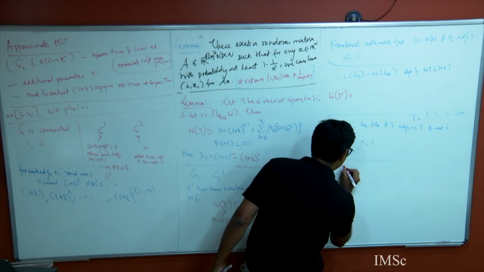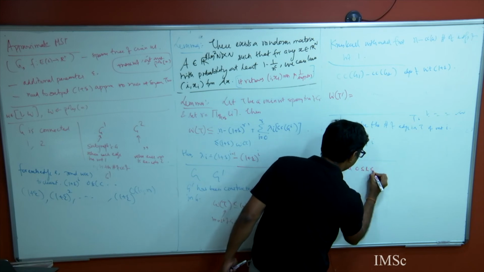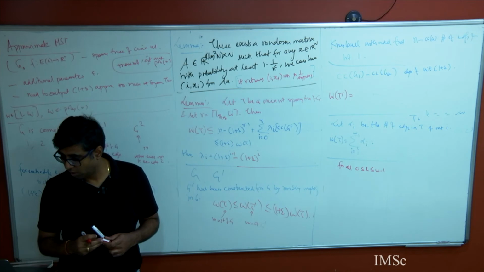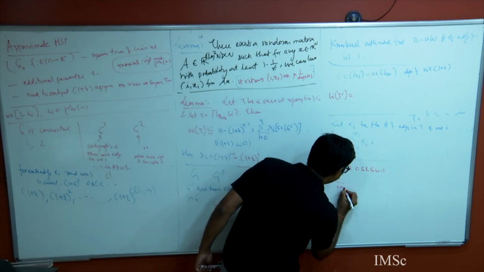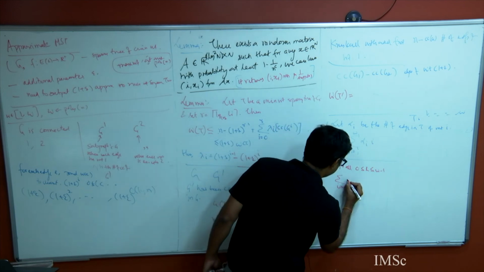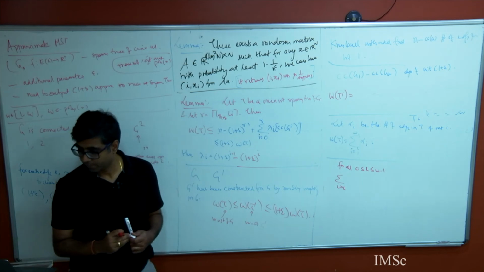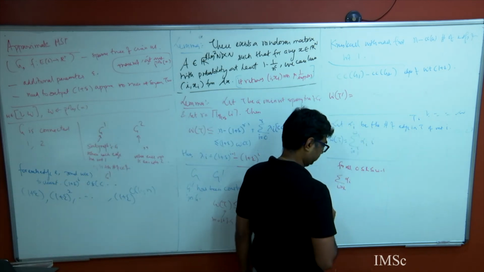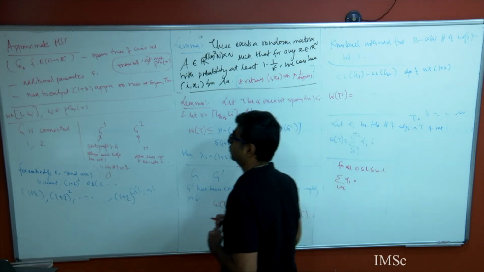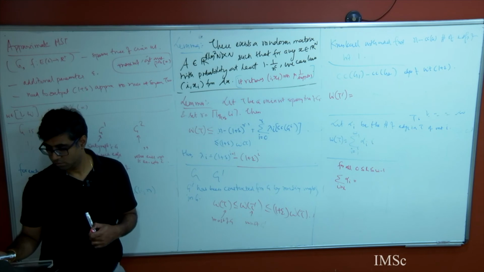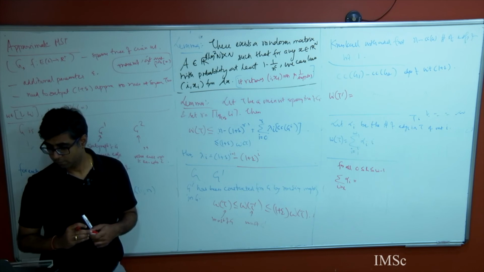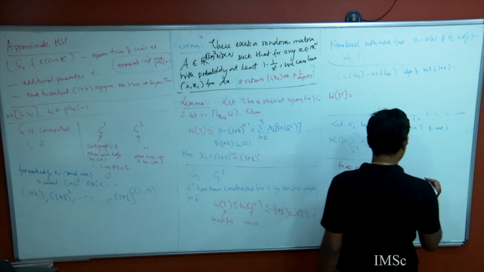For all L between 0 and W minus 1, where W is an integer, I want to say that the summation over i greater than L of alpha i is equal to something.